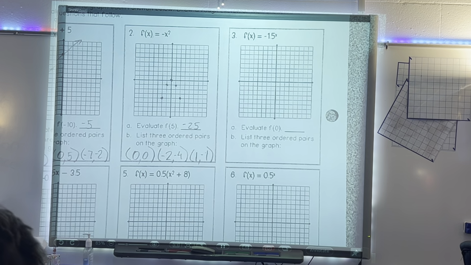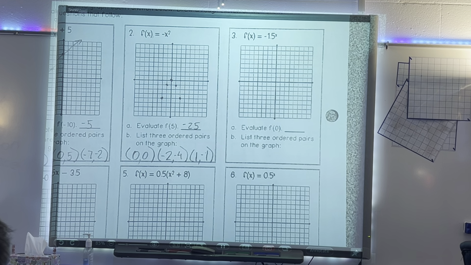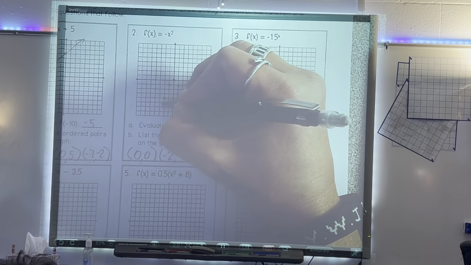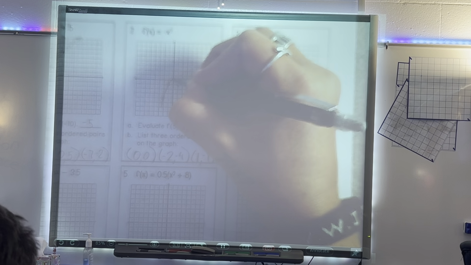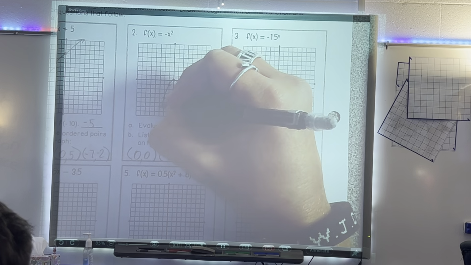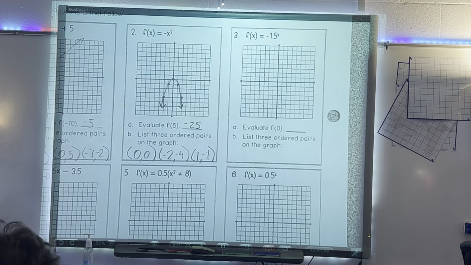So it should look something like that. Are we okay there? 3 and -3 would both be at -9. Are we okay with that? 4 and -4 would both be at -16. Because that pattern is going to continue, it's going to look like an upside down U, which is what y'all said it should look like, and it does. Everybody okay with that one?